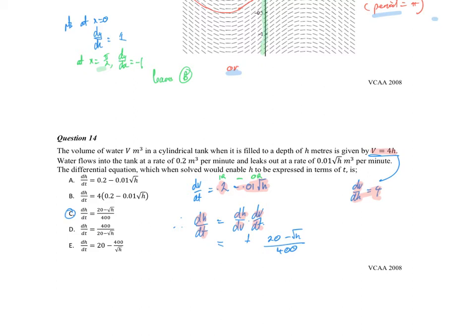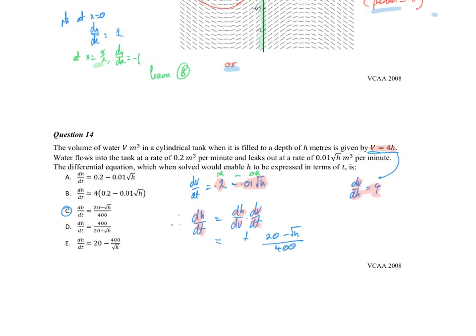So we've skipped a couple of steps here. Let's tidy up my dV dt first. So dV dt is equal to, what's that, 1/5 minus root h on, well, 0.01, 100, which is equal to 20 minus root h on 100, isn't it?